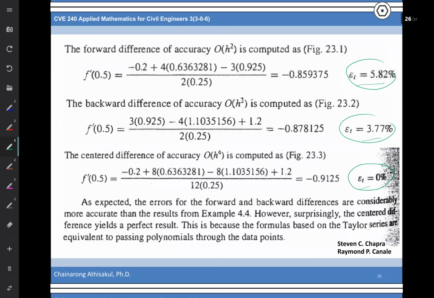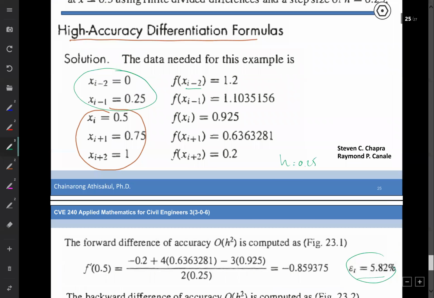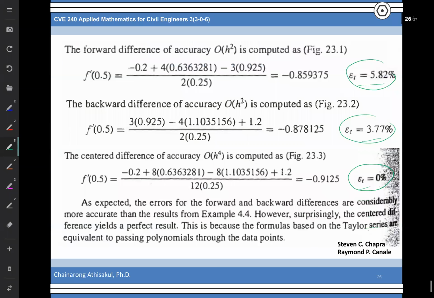But we have to apply more values of x. We need more data to approximate the derivative. That is maybe the shortcoming for some examples, where there may not be a lot of data like this. But if you have a lot of data, that is okay.